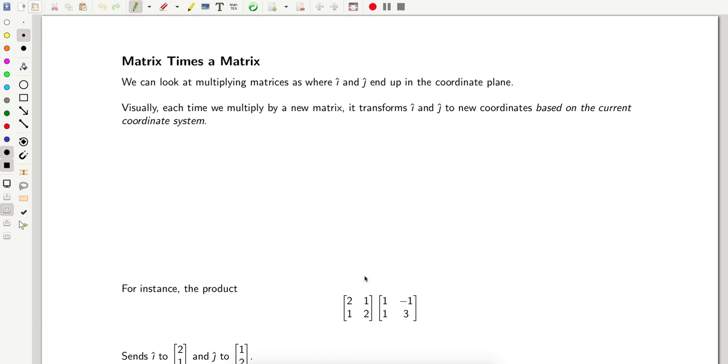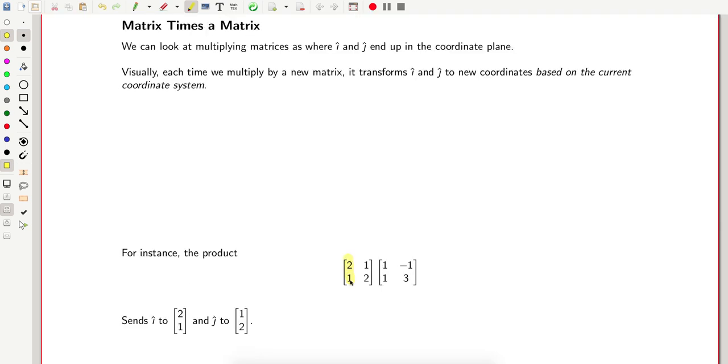So, for instance, we have the product of the matrix [2, 1; 1, 2] by the matrix [1, -1; 1, 3]. Well, what's going to happen with this first matrix, the 2, 1 and 1, 2, is i hat is going to get sent to this first column, the vector 2, 1, and j hat is going to get sent to this second column, 1, 2.